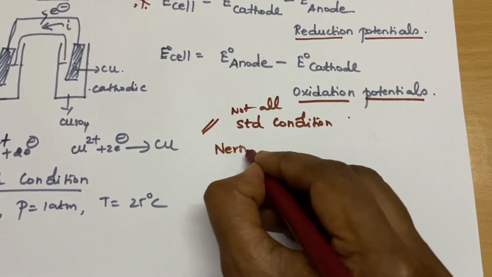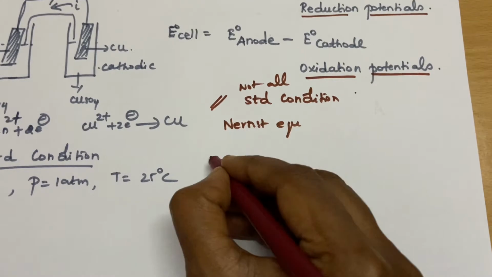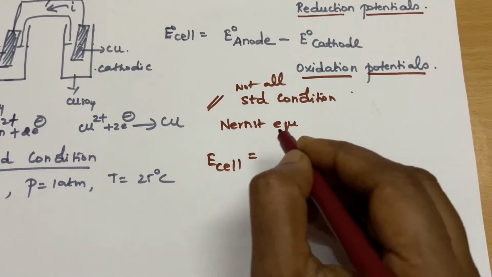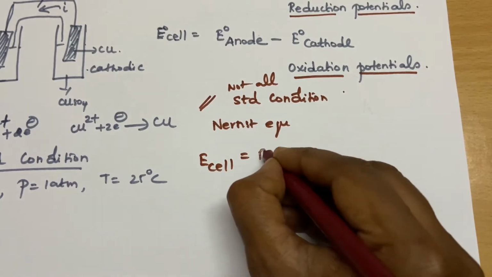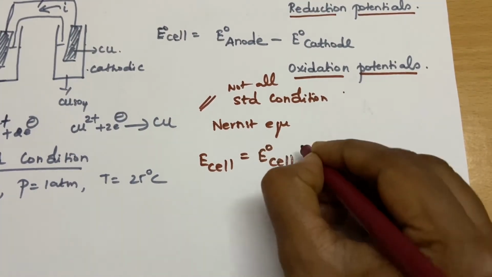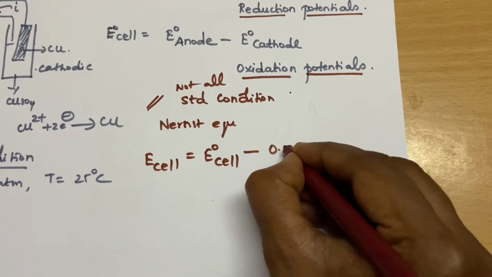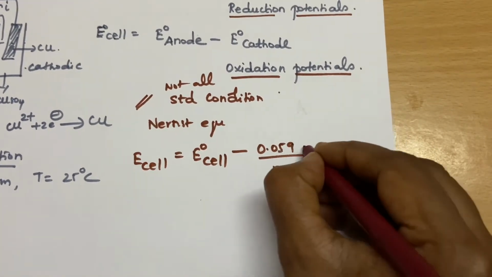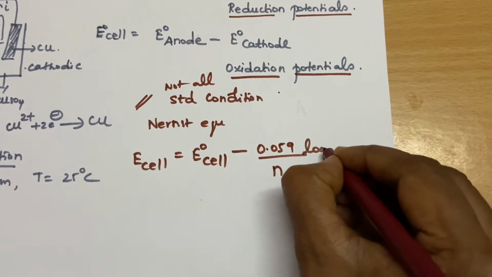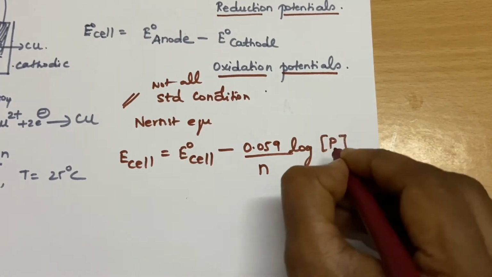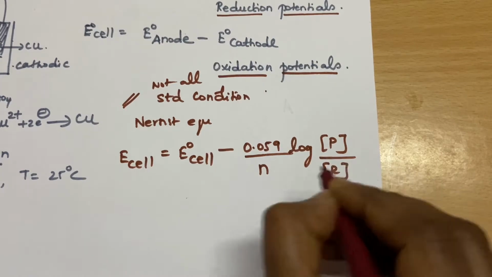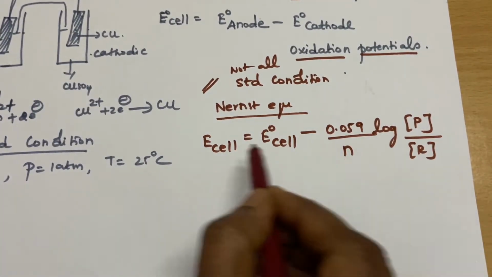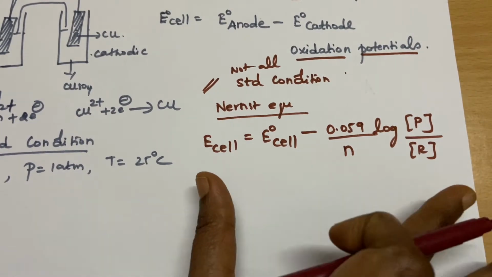We are going to use the Nernst equation. If it is not measured at 25 degrees Celsius at the particular pressure, we use this formula: 0.059 divided by n, the number of electrons involved, times log of the concentration of the product divided by the concentration of the reactant. To measure the EMF of the cell not at standard condition, we use this Nernst equation.